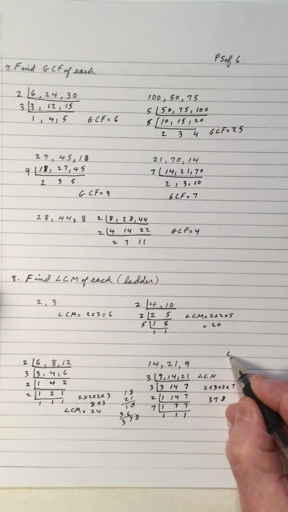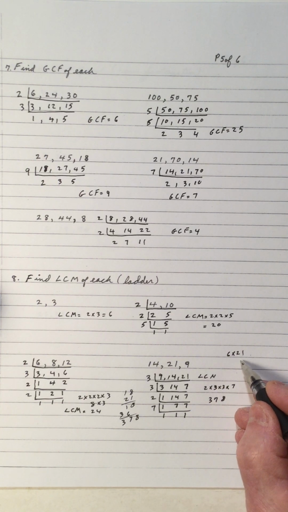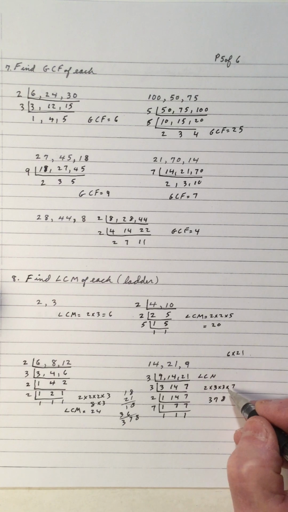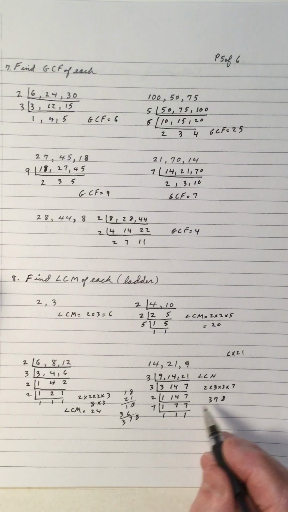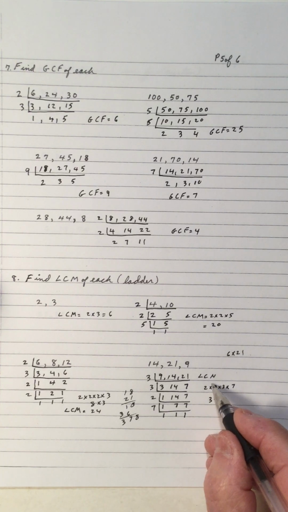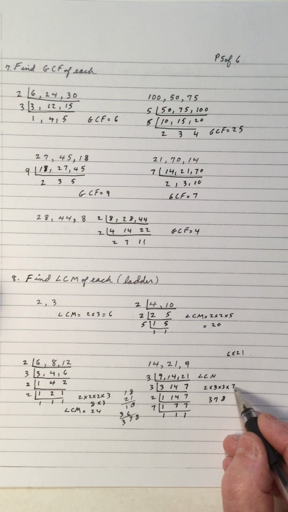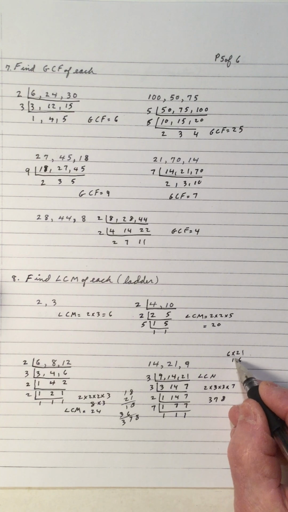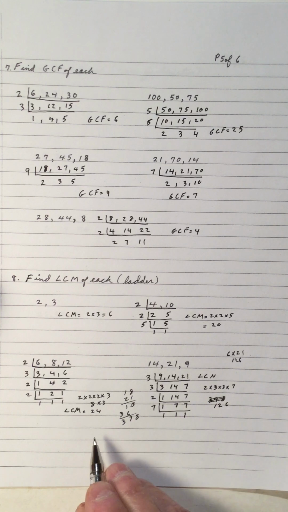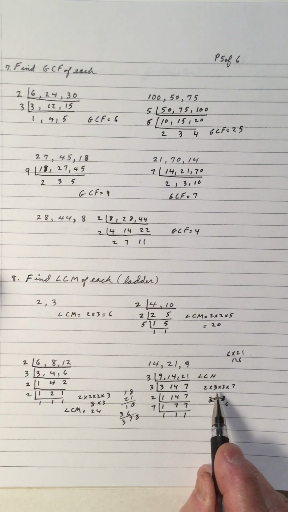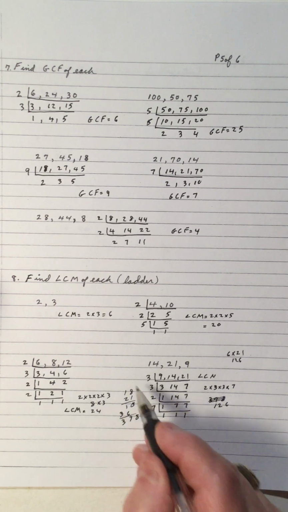I could get a 6 and a 21. Oh, look at the error I made. That's a 6, and that's a 21. So 6 times 21 is 126. So I check myself. Where did I get 18? I don't know where I got 18.